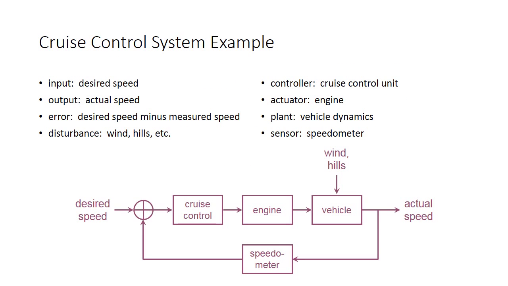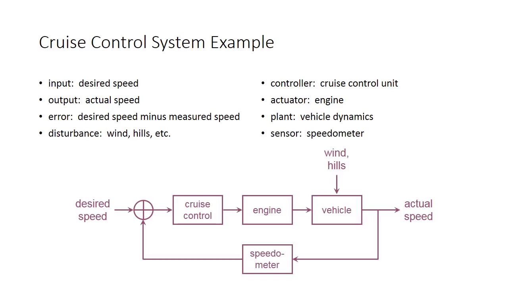Here's an example of a cruise control system. You have an input, which is the desired speed. Your output is your actual speed. Your error is the desired speed minus measured speed. Disturbance, that'd be like wind, hills, etc. You have a controller, which is the cruise control unit. Actuator is the engine. Plant is the vehicle dynamics. Sensor is the speedometer.